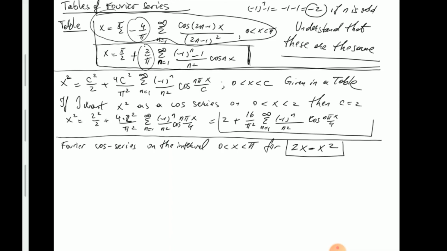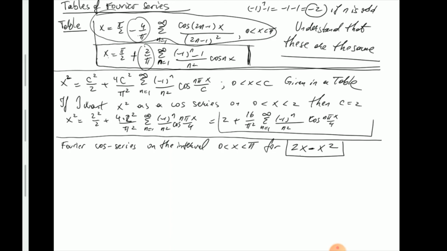So what I want to say is that if the table gives you the Fourier cosine series for x, and then for x squared, and your function is a linear combination of these, then you can come up with the Fourier cosine series by simply plugging in the series for x and x squared in the problem.